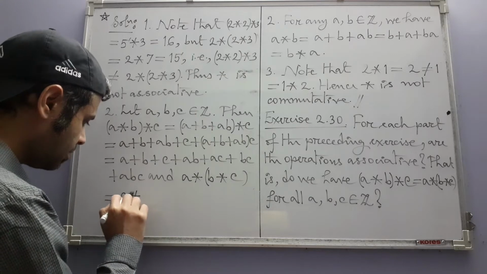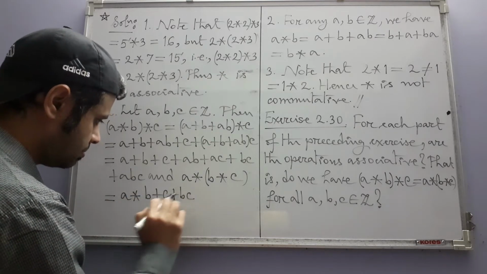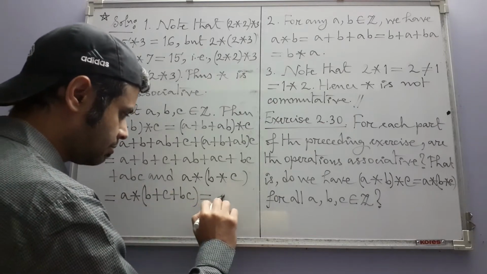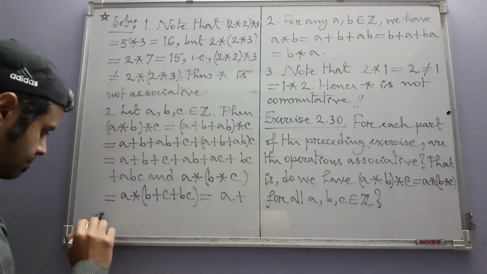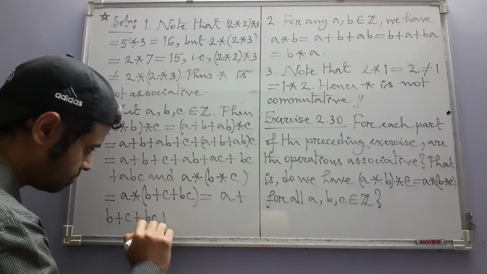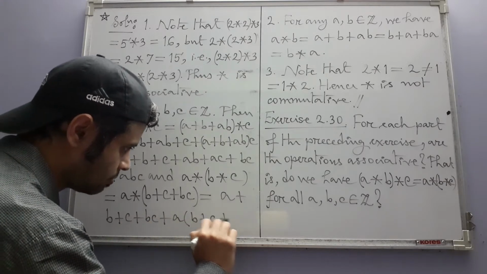So this will be A star B plus C plus BC, and that is A plus B plus C plus BC plus A times B plus C plus BC.